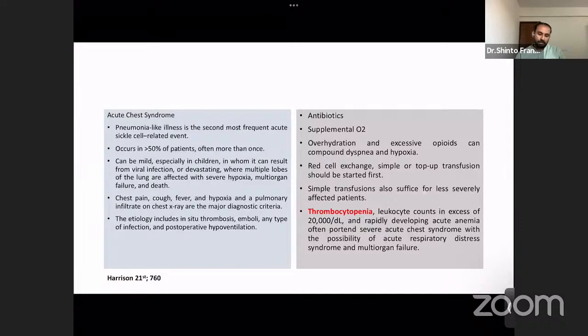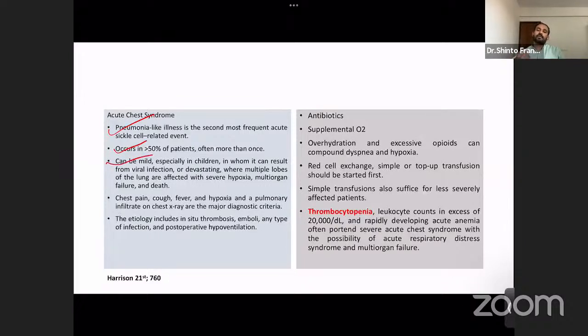So we all know acute chest syndrome is a pneumonia-like illness, the second most frequent acute sickle event. In more than 50% of patients, it occurs more than one time. It can be mild, especially in children.